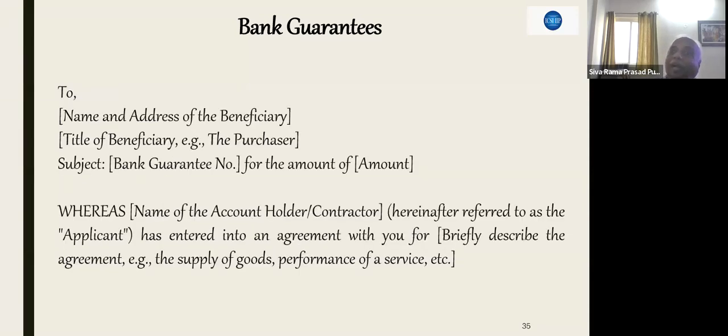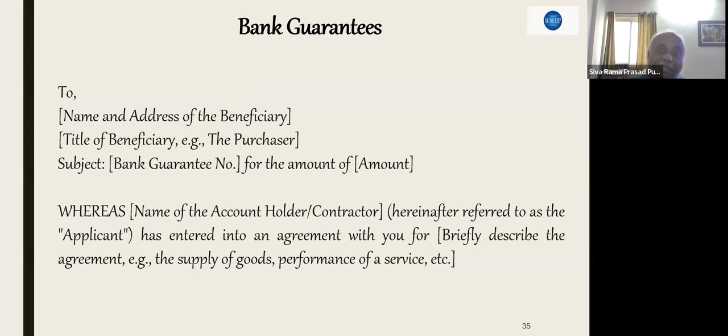And address the beneficiary, if it is ONGC or GAIL or ECL or BHL, whatever the name is. Title of the beneficiary, the purchaser, and subject to bank guarantee number, amount, etc. Whereas the name of the account holder or contractor, hereinafter referred to as the applicant, that is my borrower who requested the bank guarantee, has entered an agreement with you, meaning the beneficiary.